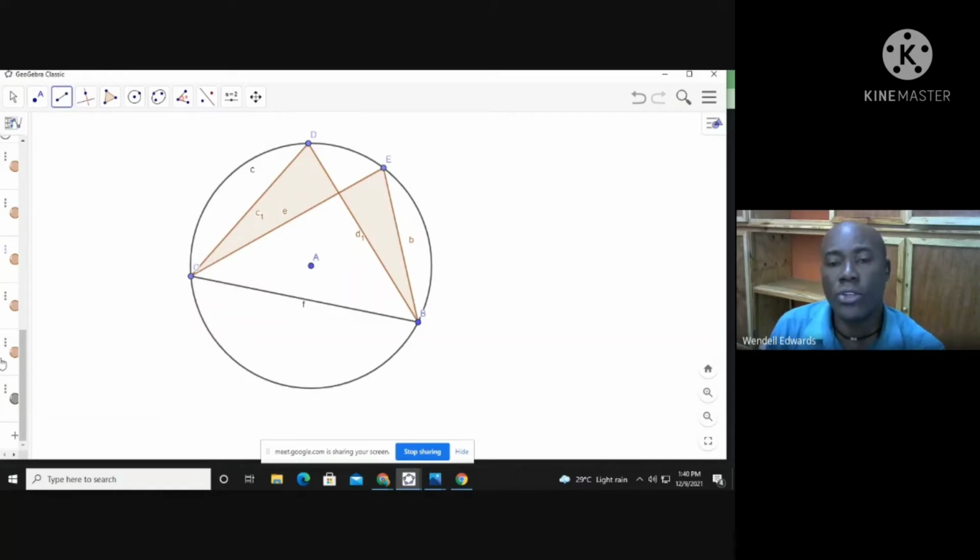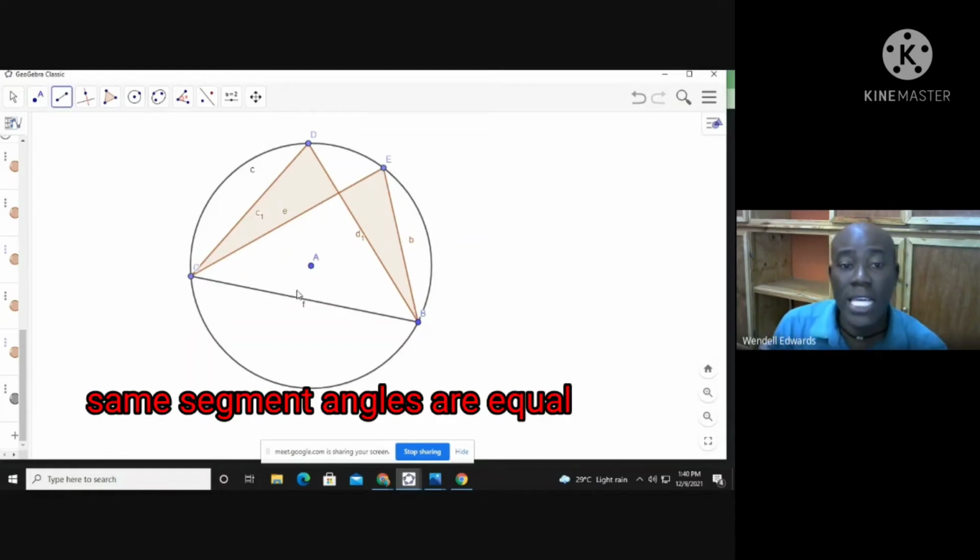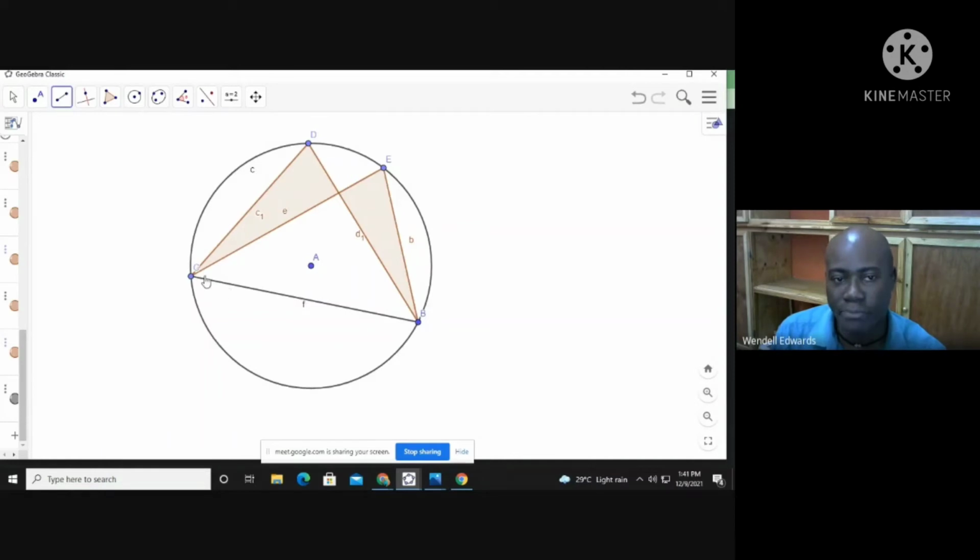segment, right? So what we're looking at here is the theorem that says angles in the same segment are equal, providing they are standing on the endpoints of a chord. Again, angles in the same segment, angles at D and E, are equal, providing that they both are standing on the endpoints of the same chord of the circle.